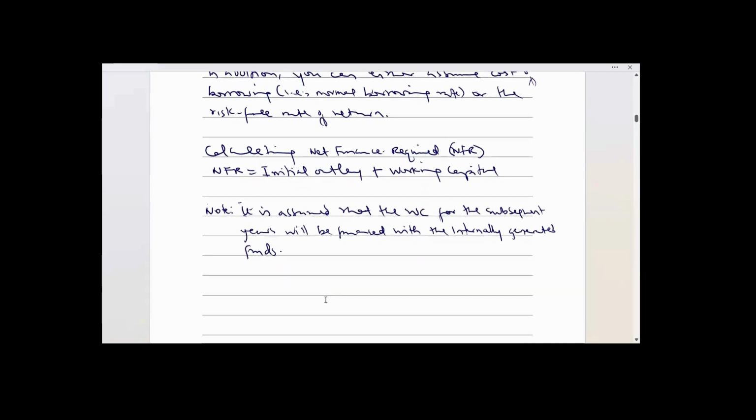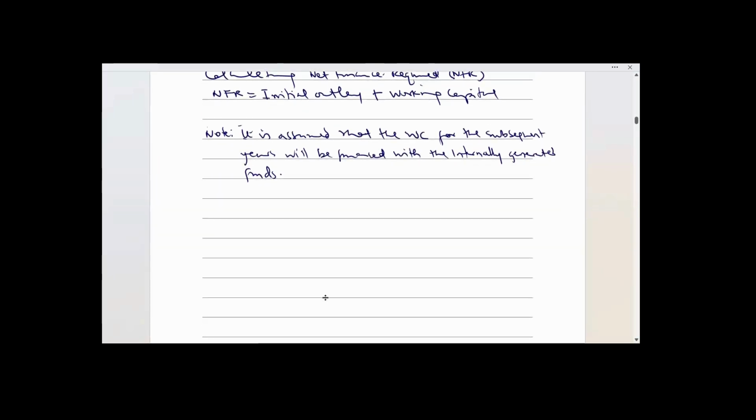So how do you then calculate the gross finance required? Calculating gross finance required, GFR.